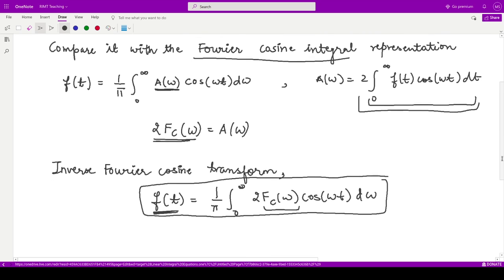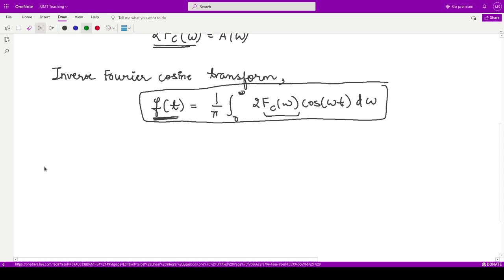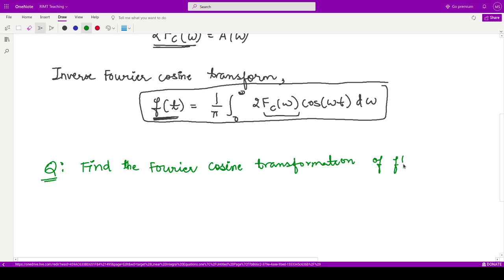So let us have a look at one question. The question here is, find the Fourier cosine transformation of the given function f of t, where f of t is defined as t in the interval 0 to L and it is 0 whenever t is greater than L. So this is given to us.